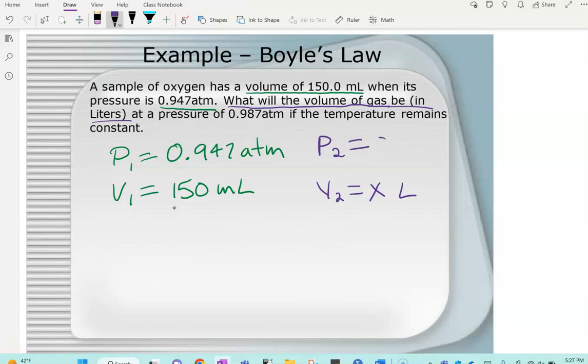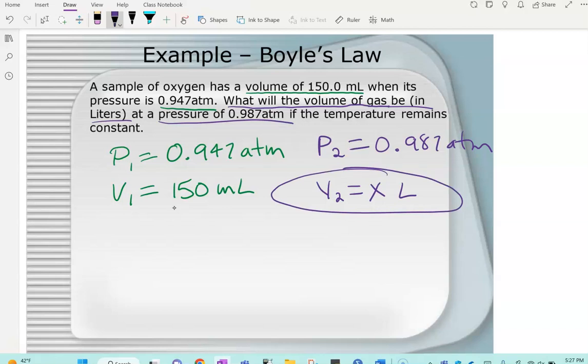We've seen an increase in the P2, 0.987 atm. Based on what you've already learned, if the pressure increased, that means the volume is going to do the opposite, which is decrease, because this is an inverse relationship. So whatever you get for your X here, it should be less than this.